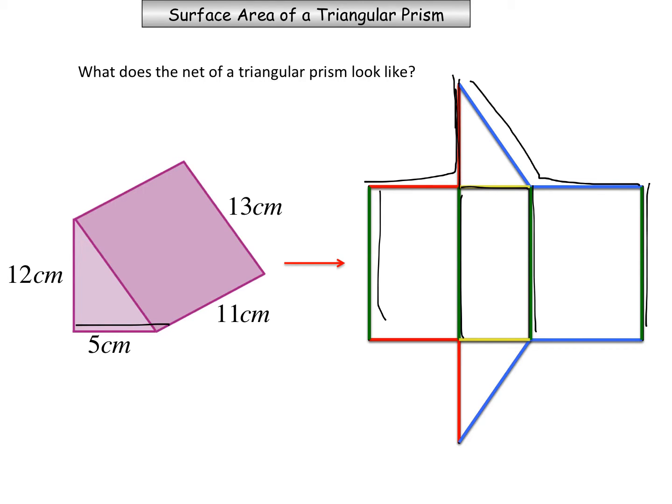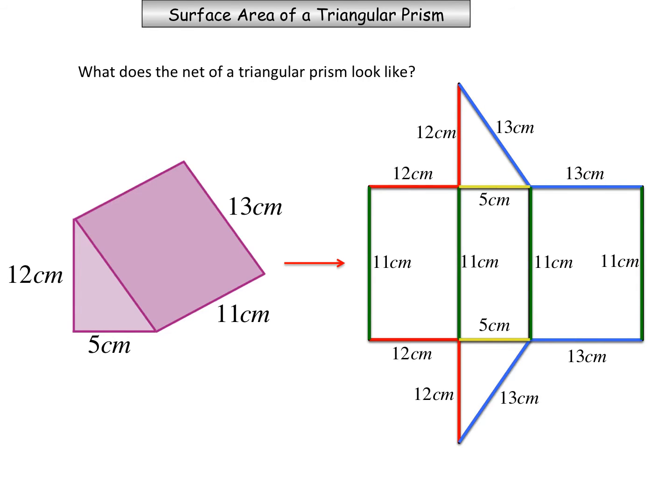And that's your 12, and that one there is your 13. So if I label all the measurements, from your prism to your net, you can see where the measurements come from. Just take a moment and have a look at all the measurements and see if you can understand and visualize where it comes from.